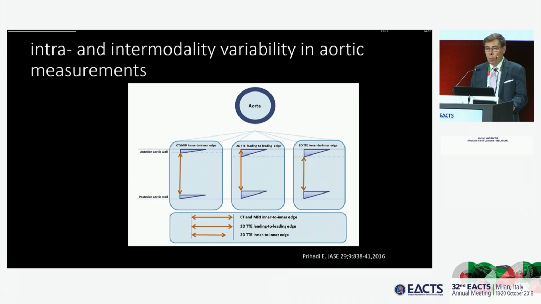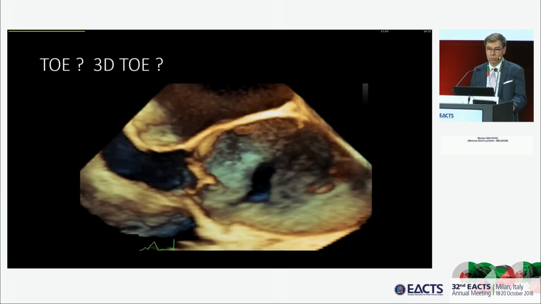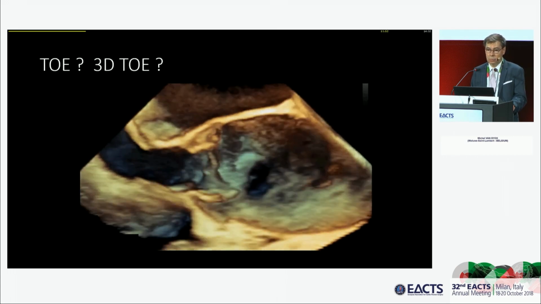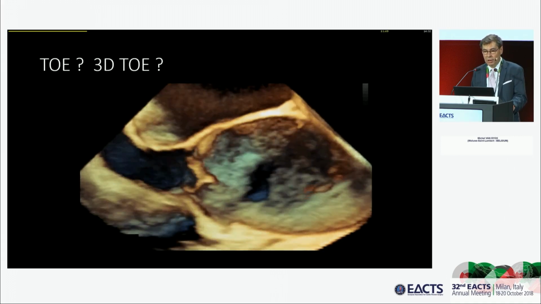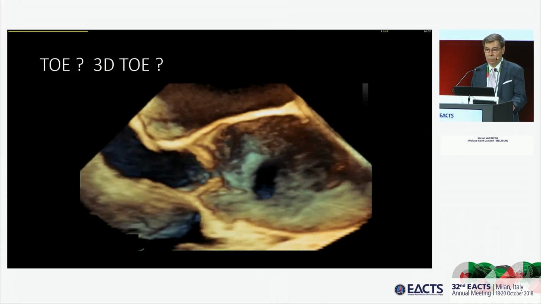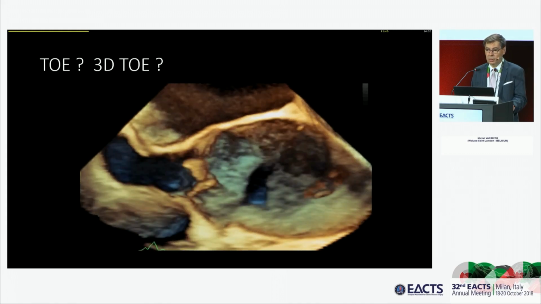And why should we, as transthoracic echocardiographers, measure it by leading edge to leading edge? It's just because otherwise we underestimate the true diameter of the ascending aorta and of the aortic root by measuring inner edge to inner edge. But this is causing some confusion, and in the operating room we are not using transthoracic echo, but we are using transesophageal echo, and more and more 3D transesophageal echocardiography.